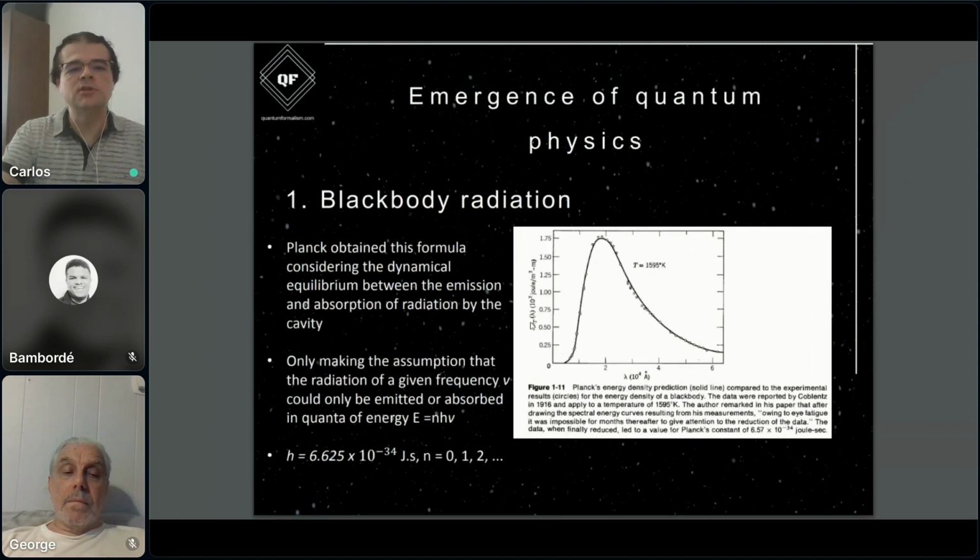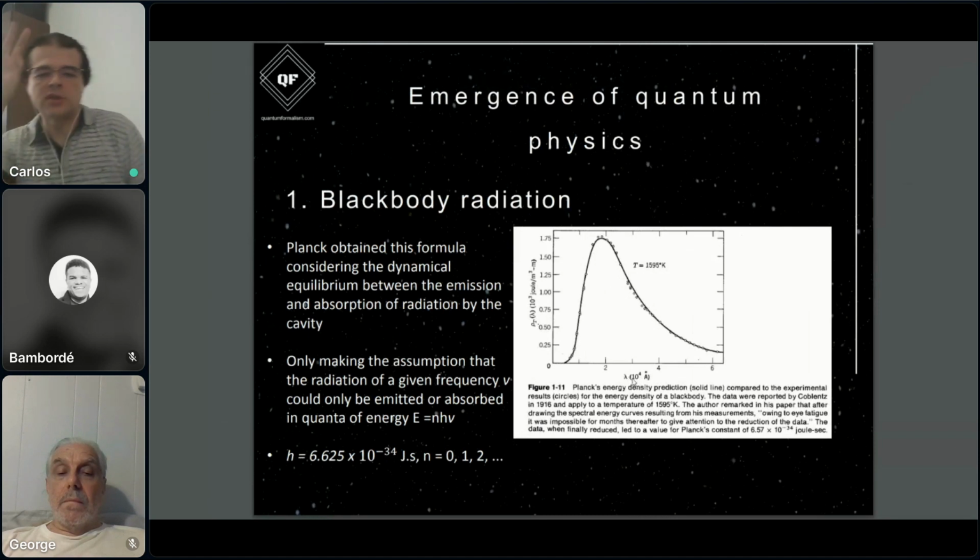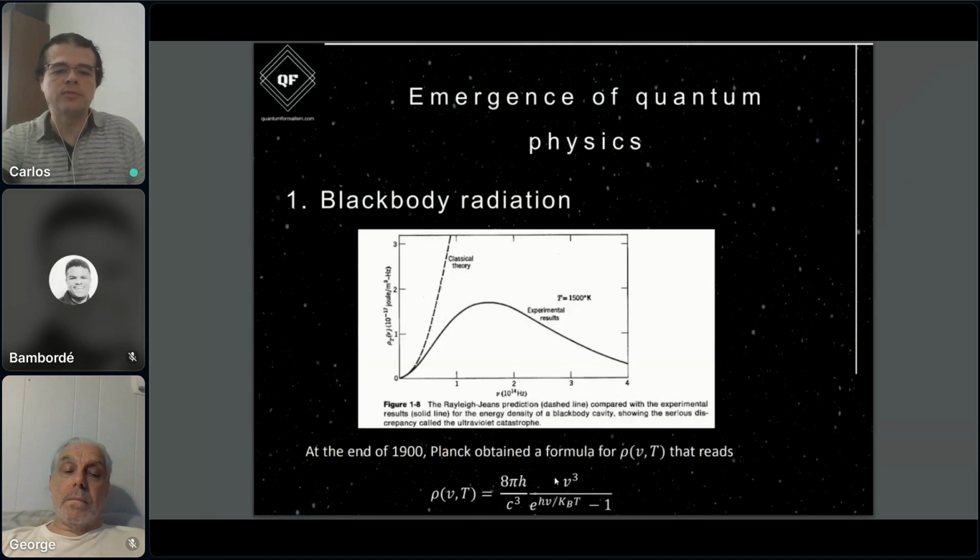Here is again the density of radiation per wavelength. Wavelength is just the inverse of the frequency, but it's okay. These small dots here are the experimental results, and the solid line is this formula, the Planck formula.